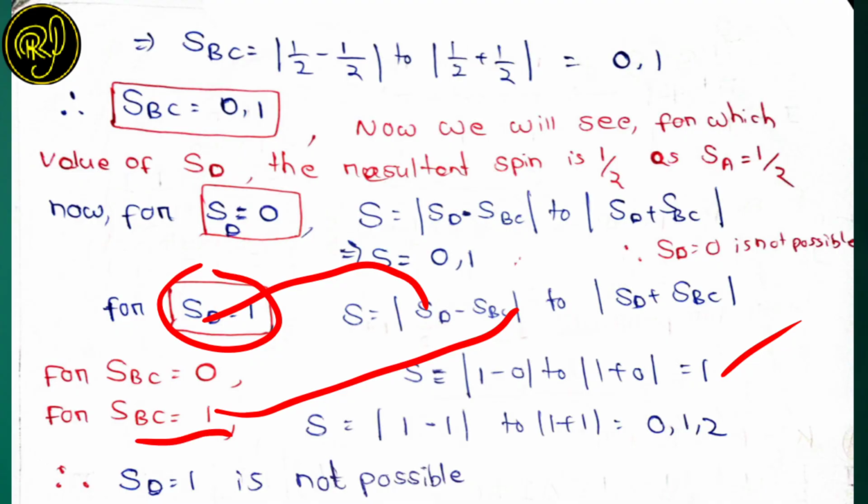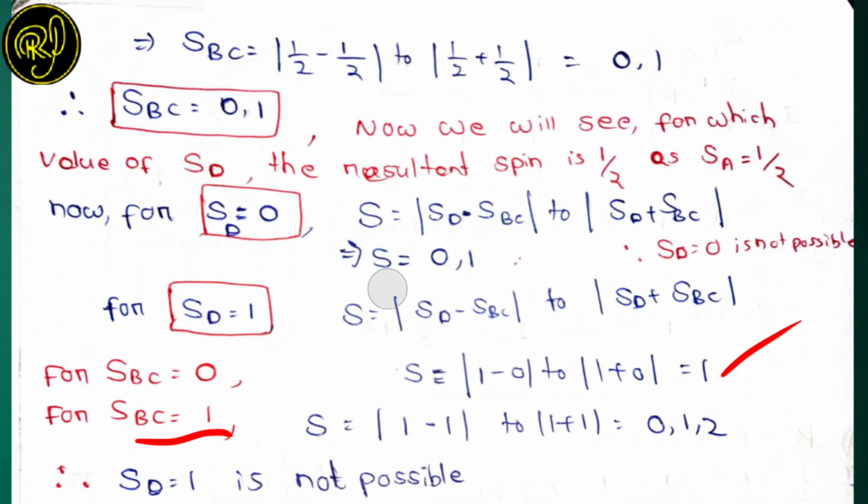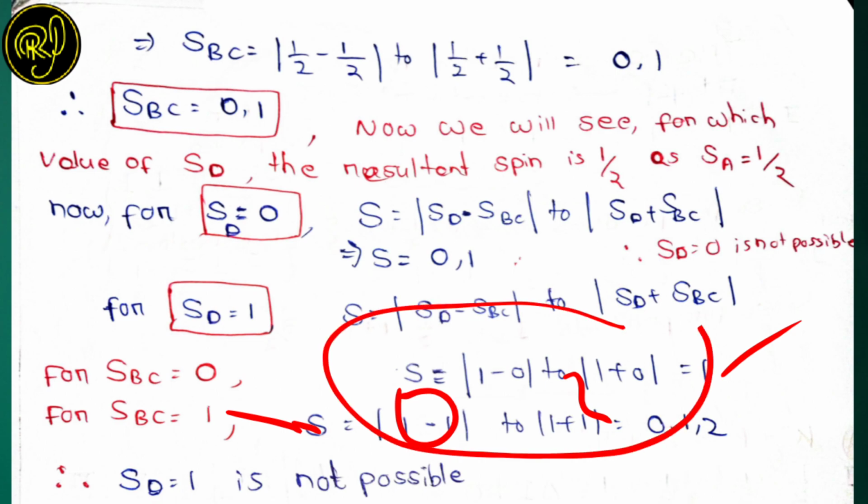in that case I am getting that S is equal to 1 minus 1 to 1 plus 1, that is 0 to 2, hence 0, 1, 2. So you can see this value also we are not getting as half.